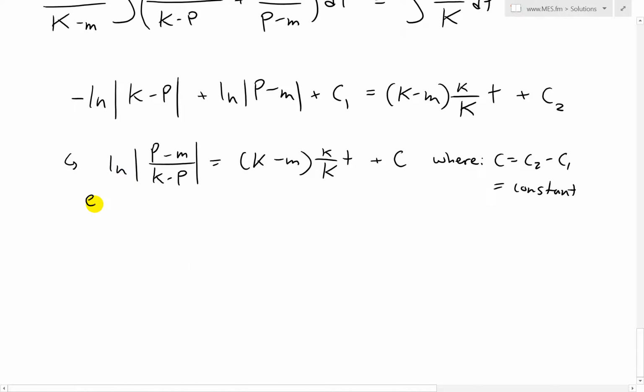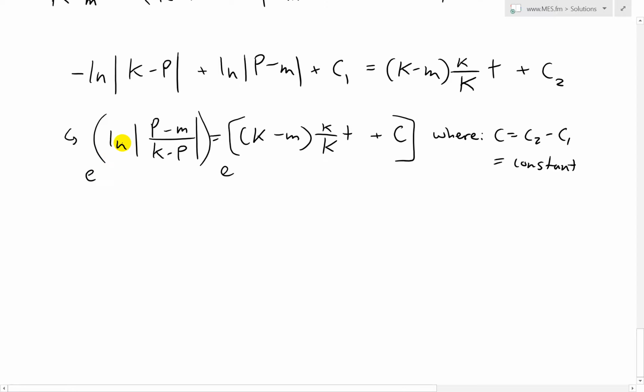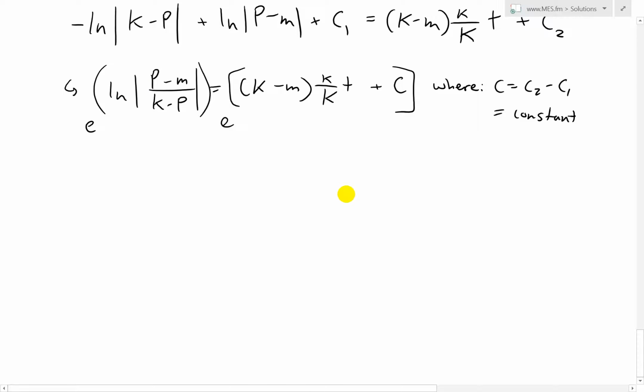What we can do is take both sides as a power of e. So this becomes like this, with this in brackets like that, so that the ln cancels. It's another logarithmic rule. And now what we end up having is the absolute value of p minus m over k minus p, like that, an absolute value.